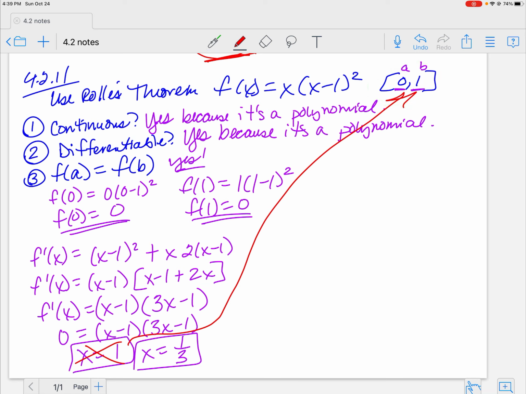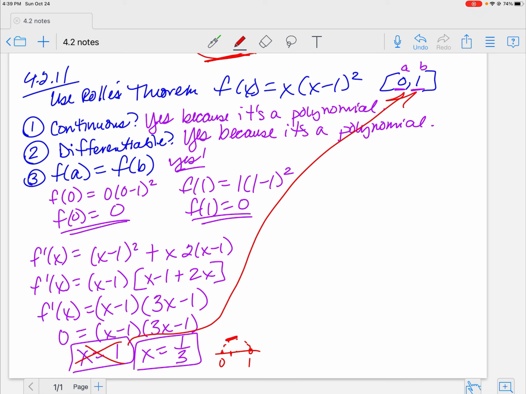If I just focus what I'm looking for, I'm just focusing in here on this 0 to 1, right? So I'm saying from this interval here, from 0 here to 1, and we know it's a polynomial. I can go however I go, but I know at 1/3, I'm going to have that horizontal tangent.